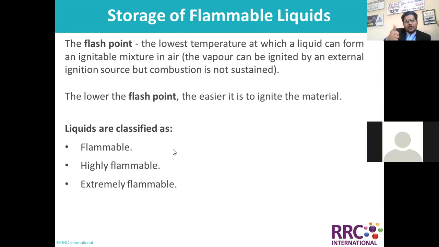If you see 4 in red color on a label, in a flammability sign, then remember it's extremely flammable. If you see 3 in red color, that means highly flammable. And the same way 2, 1, 0, and 0 means no flammability. It means this liquid has 0 flammability.